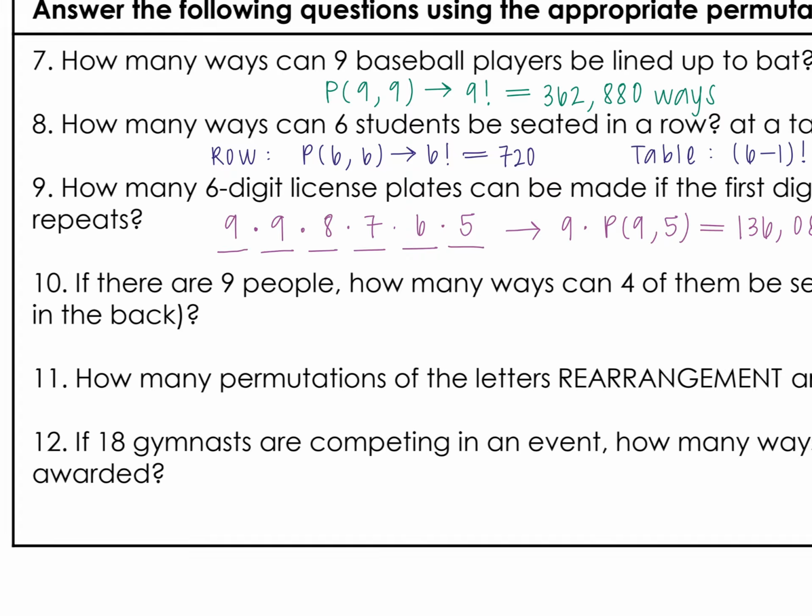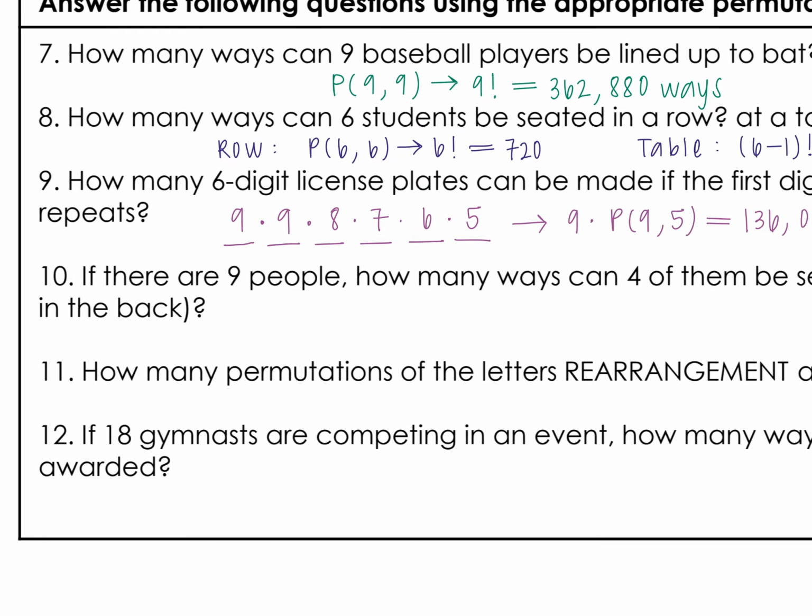So with this, we would have our 9 people as our total, and we would be picking 4 of them to be seated. So plugging that into my calculator, I'm going to get 3,024 as my ways that this can happen.